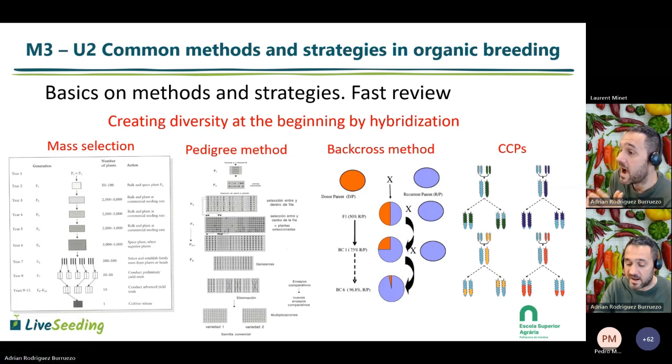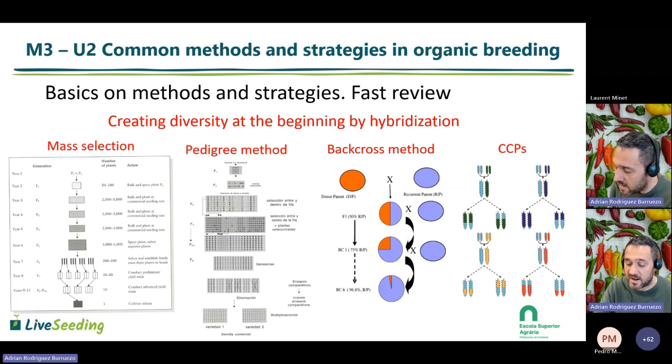In such case, I have 4 different main methods: the mass selection, the pedigree method and the backcross method. And finally, on the right, the composite cross populations that mix not only two parent lines, but more parents.